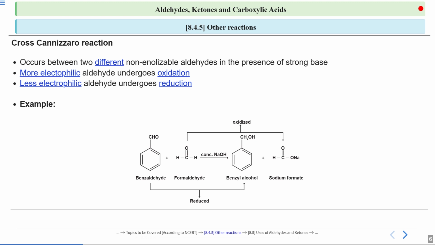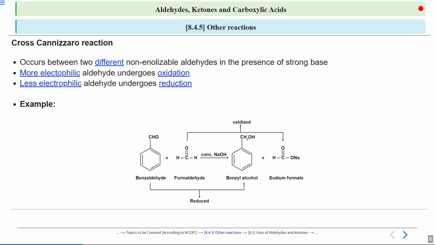So if you see over here, formaldehyde is more electrophilic. It is in need of electrons more than benzaldehyde, so formaldehyde being more electrophilic will undergo oxidation. Formaldehyde is getting oxidized to sodium formate after treating with concentrated NaOH.